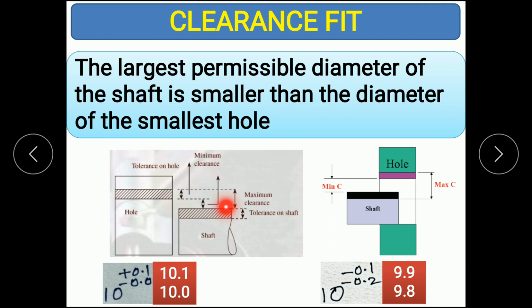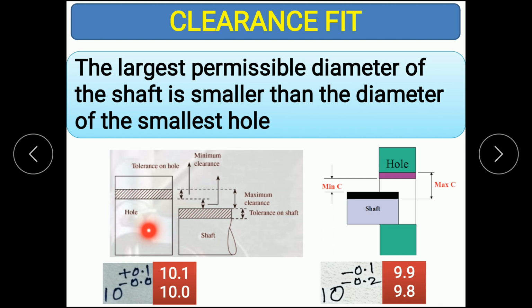The hole's minimum diameter, otherwise you can say, the largest permissible diameter of the shaft. Here the largest diameter of the shaft is smaller than the diameter of the smallest hole.